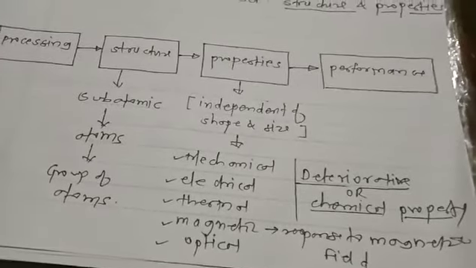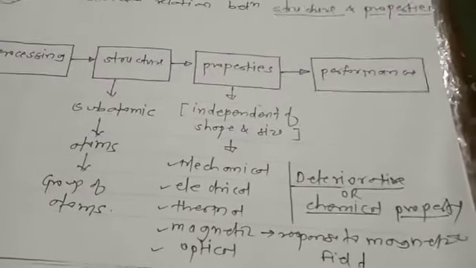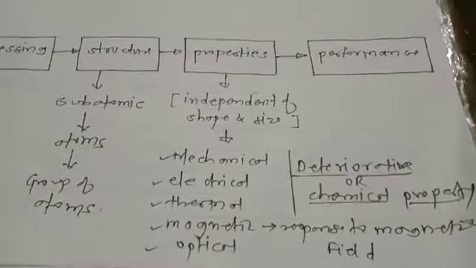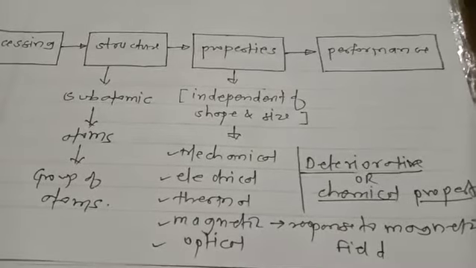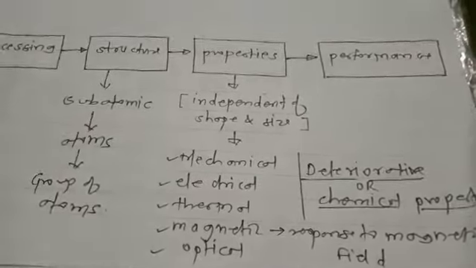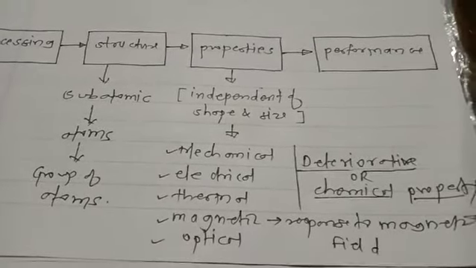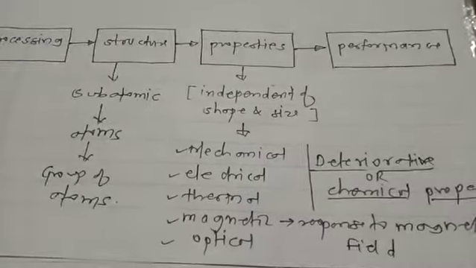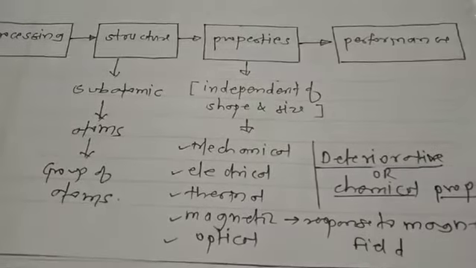So properties are classified in different ways. One is mechanical property. What is a mechanical property? We can call it strength or stiffness, or toughness or ductility or malleability. That is nothing but the mechanical property.